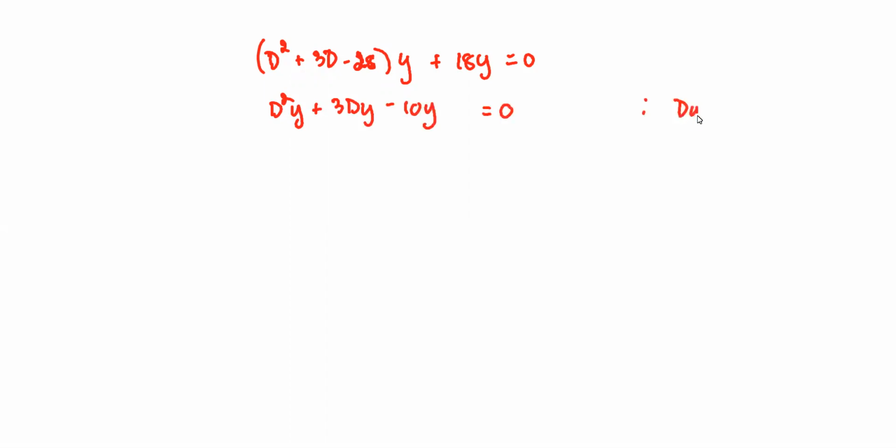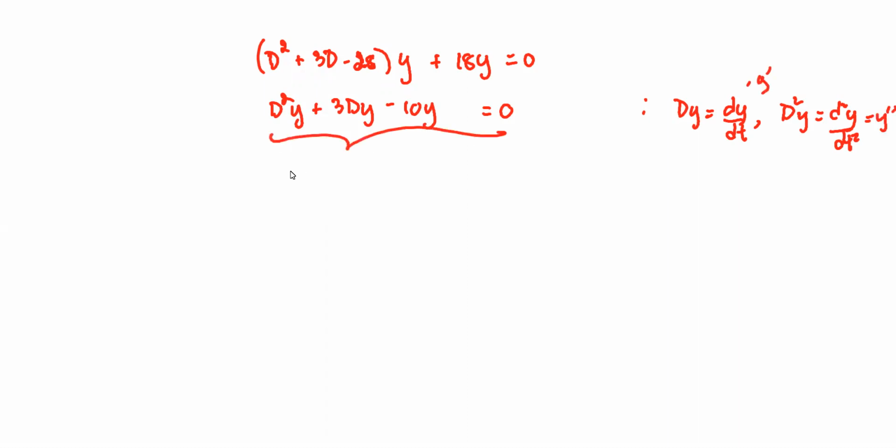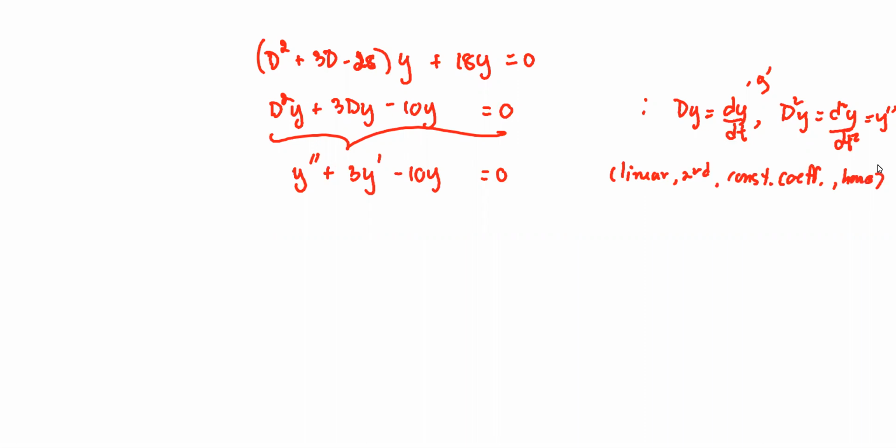Recall Dy means the derivative of y with respect to t. D squared y means the second derivative of y with respect to t, or y double prime. This is the same as y double prime plus 3y prime minus 10y equals 0, which is a linear second order equation with constant coefficients. And this is a homogeneous equation in the variable y.